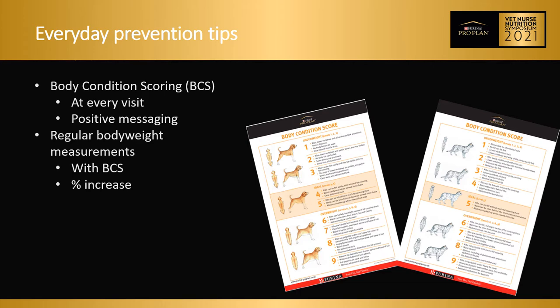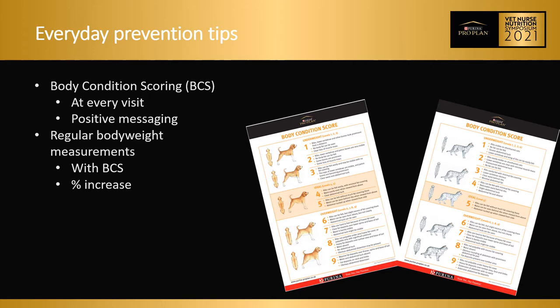This may be one of the key first steps towards preventing obesity, as it will help them to detect a problem, it'll highlight what is normal, and then hopefully it'll help support them to change any habits to maintain their pet's health and weight. Obviously, in conjunction with body condition score, we should be taking regular body weights, as this is a precise and objective approach, and those slight changes in weight can be really easily identified and addressed.